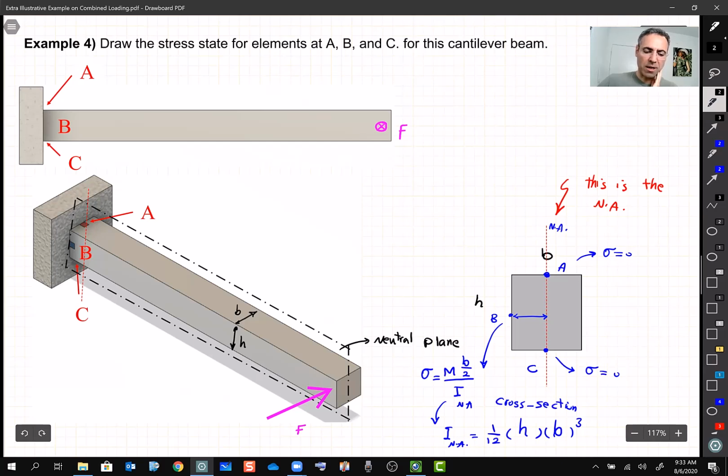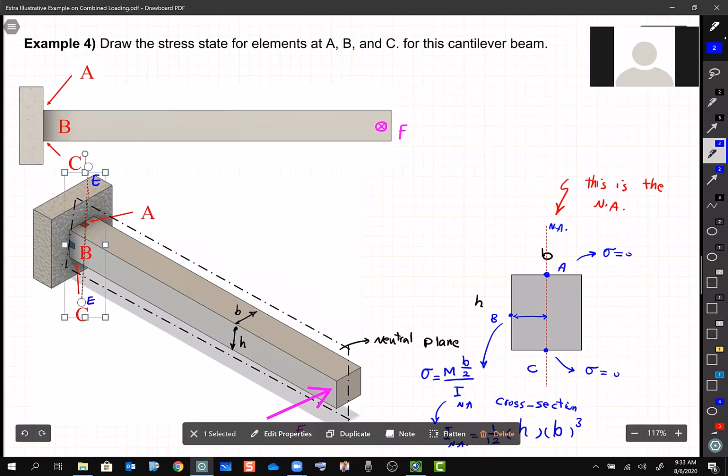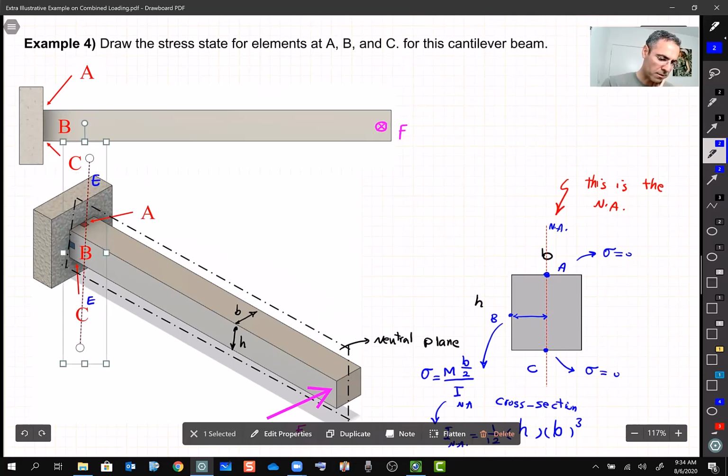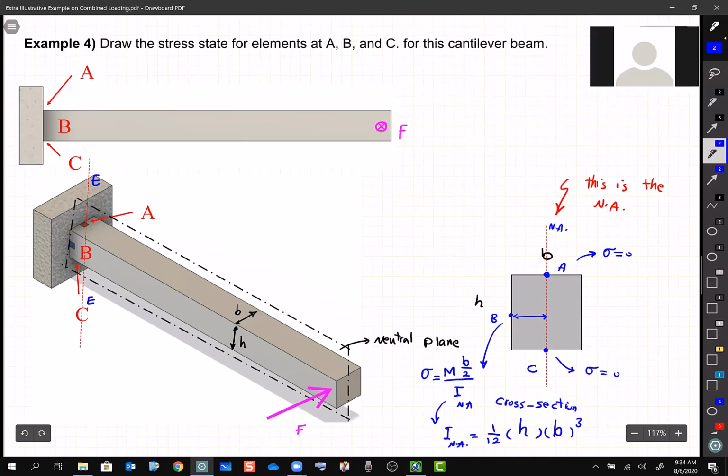So when you look at the cross section on this image, everything is going to bend around this line. Let's call this line maybe E, all right? This long line, everything is going to bend around that line. So if things are bending around that line, then it is our neutral axis, all right?